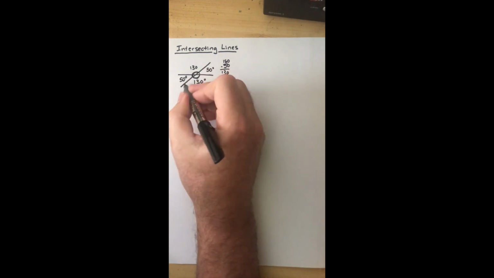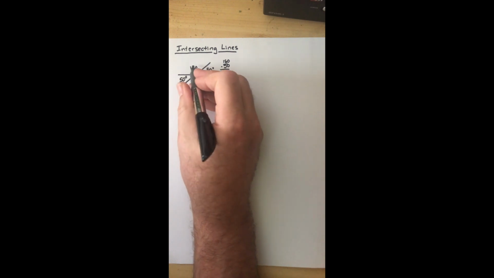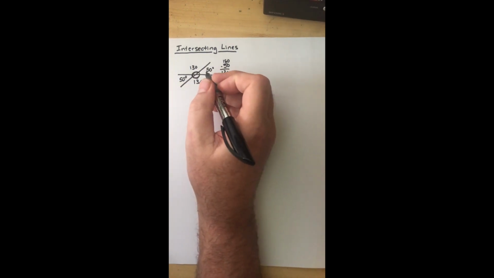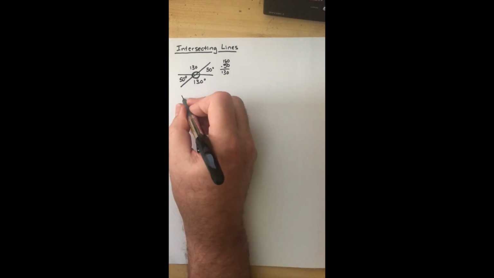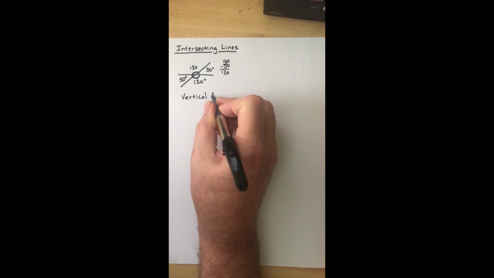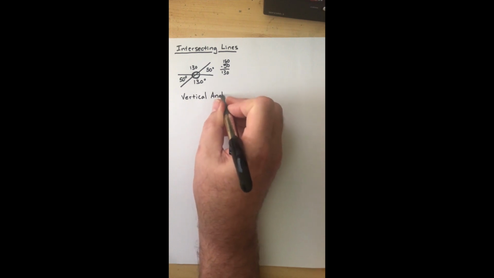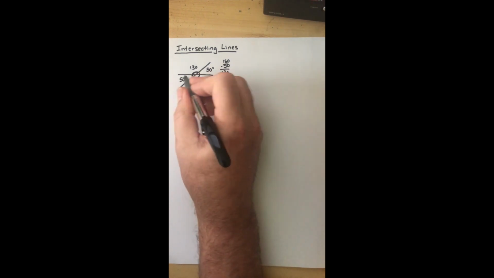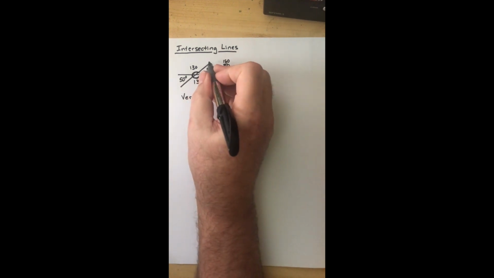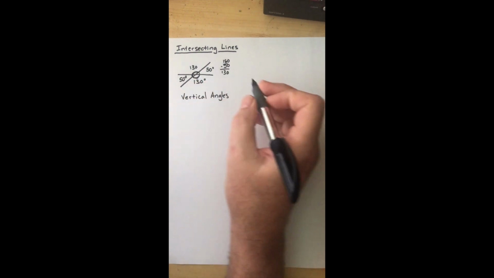Now what you'll notice is when you have 2 intersecting lines, you have pairs of identical angles that are across from each other. These are called vertical angles. And they are matching angles that are opposite, not adjacent. That's a good vocabulary word as well.